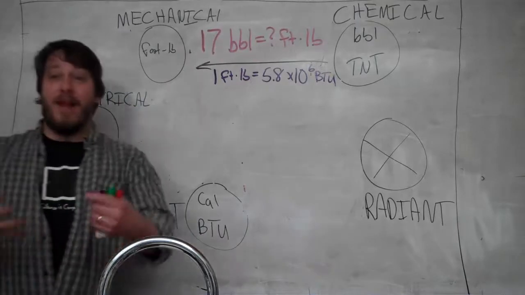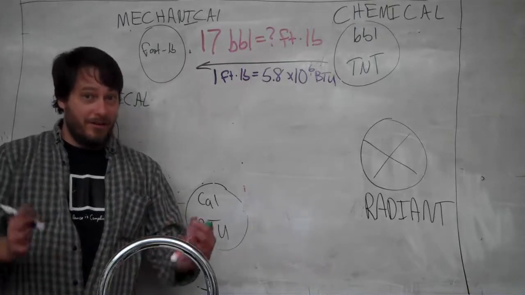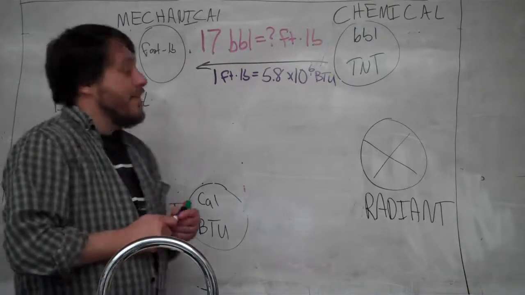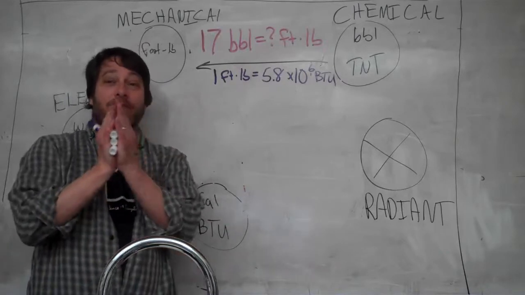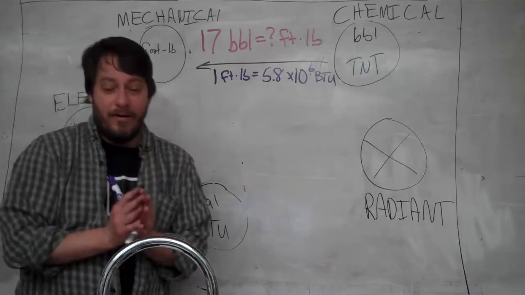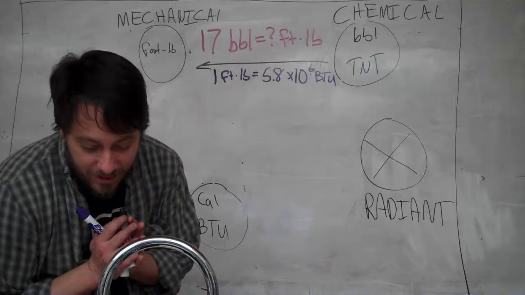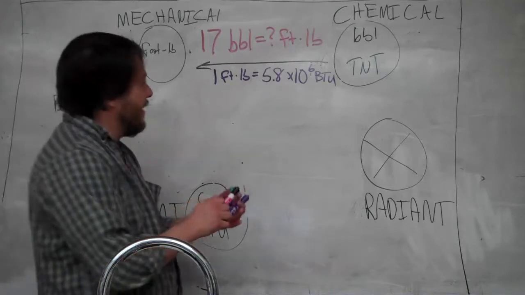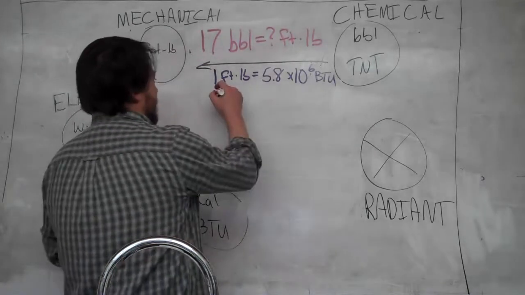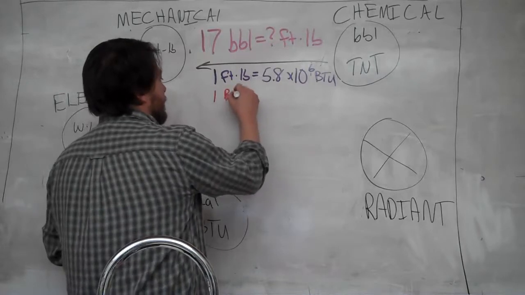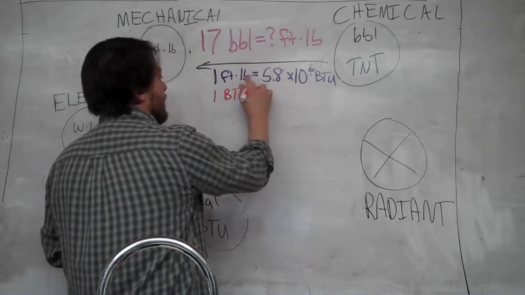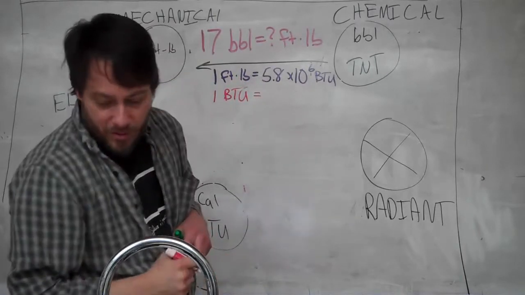That's the best I can do, that's all I'm given for BBL is BTU. So now I have to hope and pray that there's a conversion from BTU to foot-pounds. Yes! And then I have 1 BTU equals probably a whole bunch of foot-pounds.